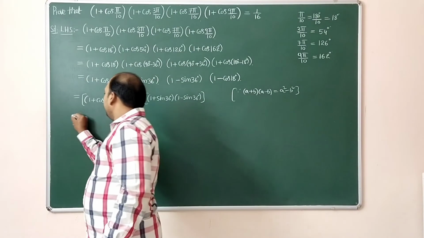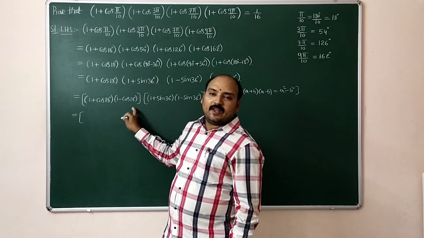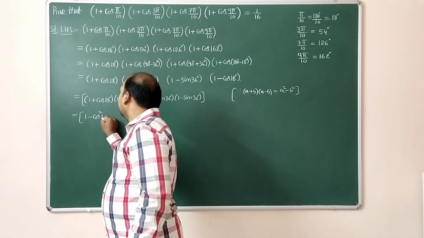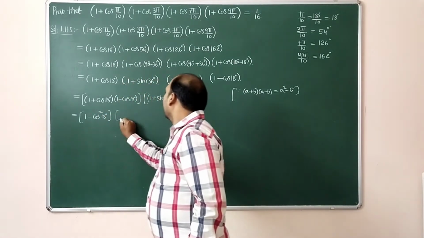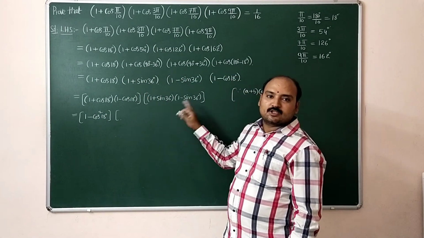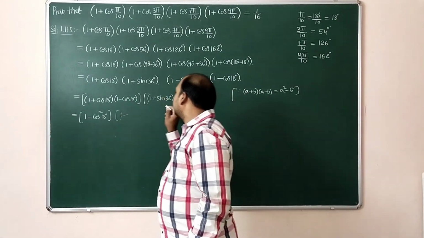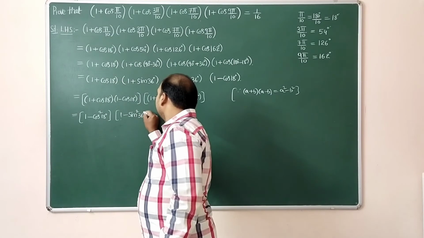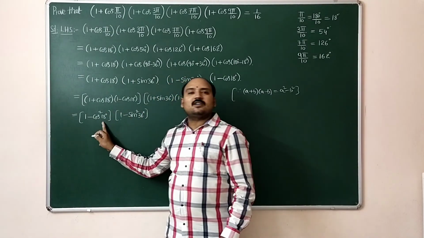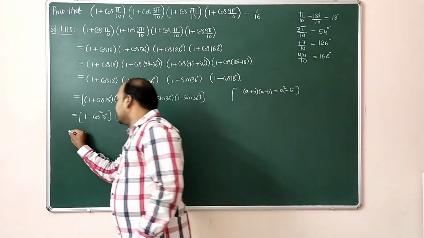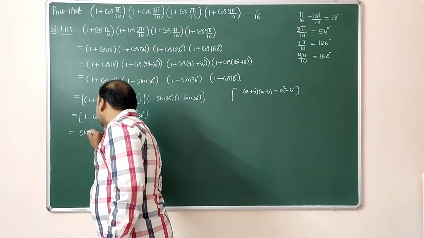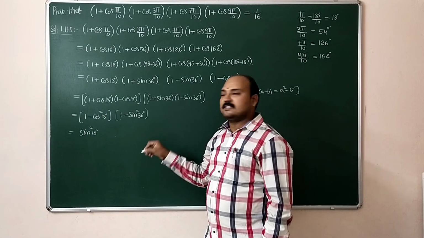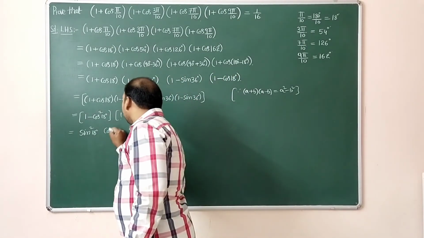So 1 square minus cos square 18, and 1 square minus sin square 36. 1 minus cos square theta is sin square theta, which gives sin square 18. 1 minus sin square 36 is cos square 36.